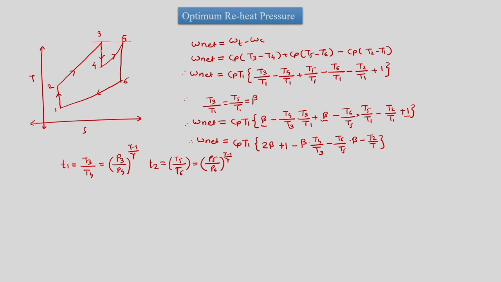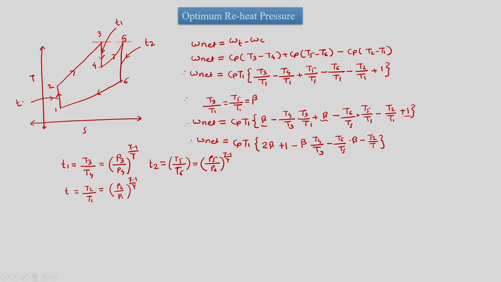So basically we are saying that this temperature ratio, which is T3 by T4, is T1, this temperature ratio is T2, and our old RP is T, which is T2 by T1 equal to P2 by P1 bracket raised to gamma minus 1 upon gamma, and then this is basically the ratio as T.